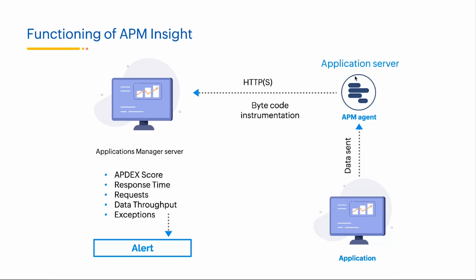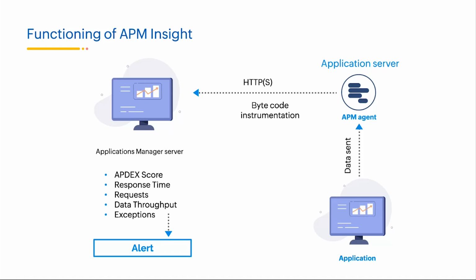So within the application server, the agent uses a technique called bytecode instrumentation. So this allows it to trace individual user transactions as they flow through different layers of the application stack. So the transaction data is then sent to the Applications Manager server at regular intervals, enabling detailed monitoring of application performance. So this helps identify bottlenecks or any performance degradation that occurs within the application.